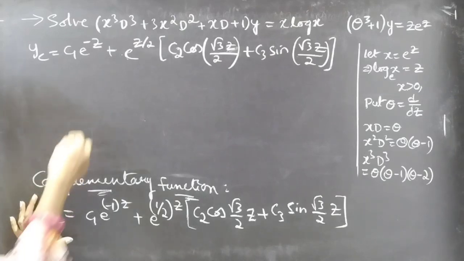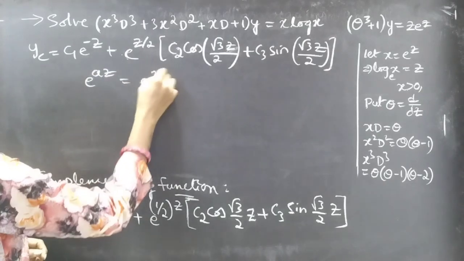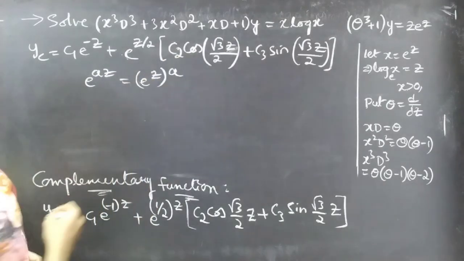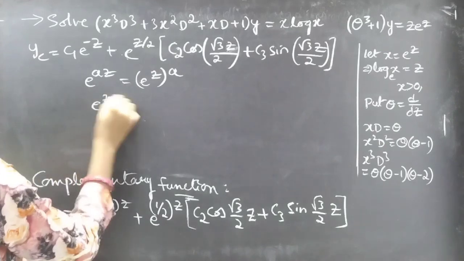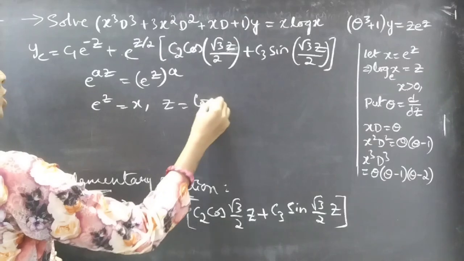So what we'll do is we'll just write e power az as e power z whole power a, and then replace e power z by x and z by log x.